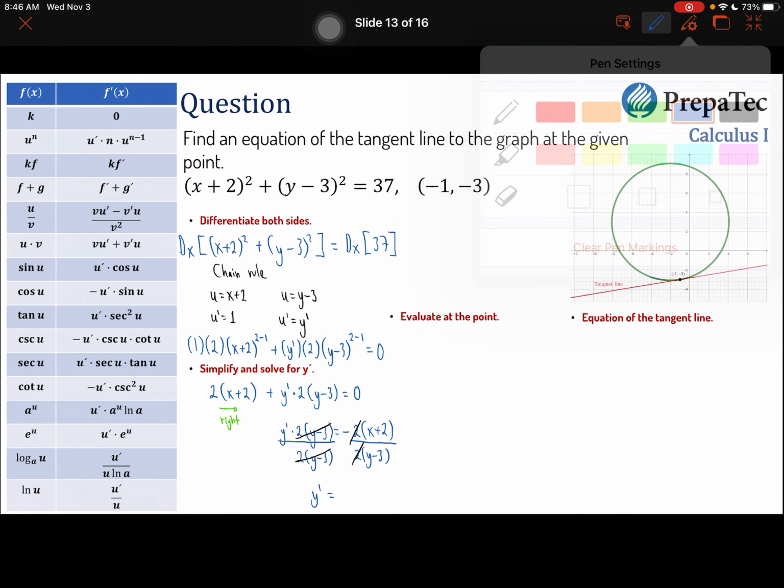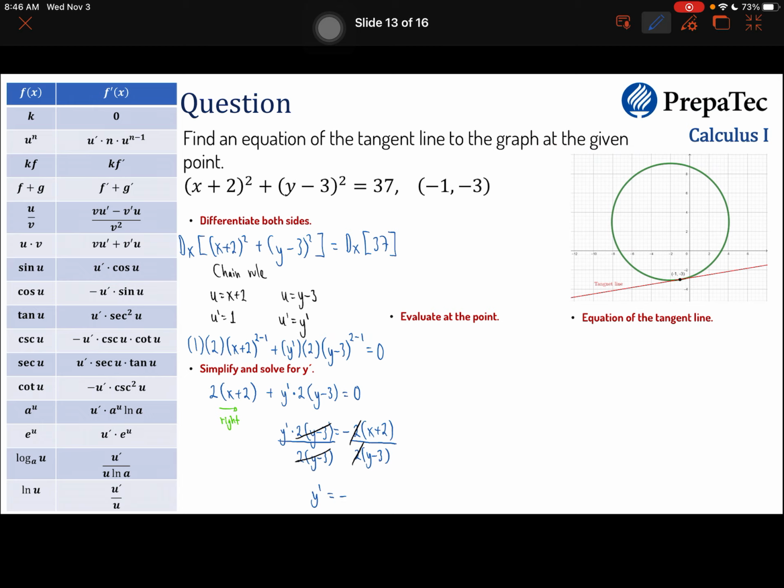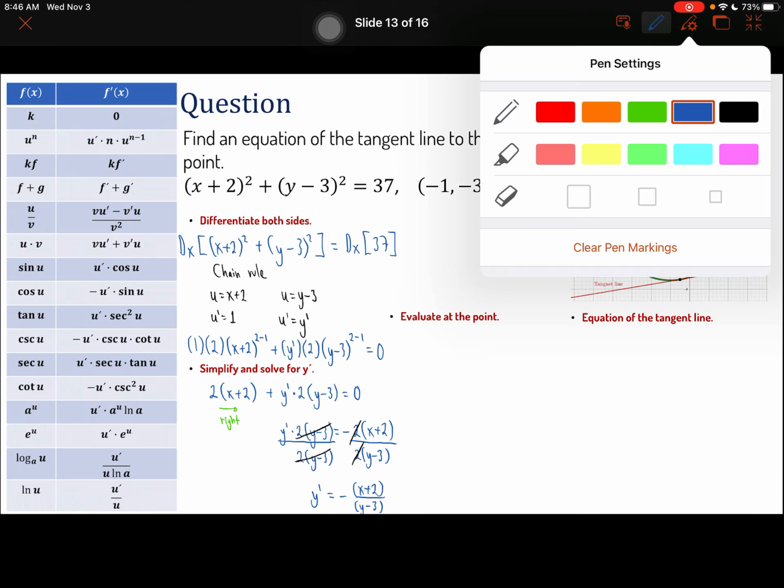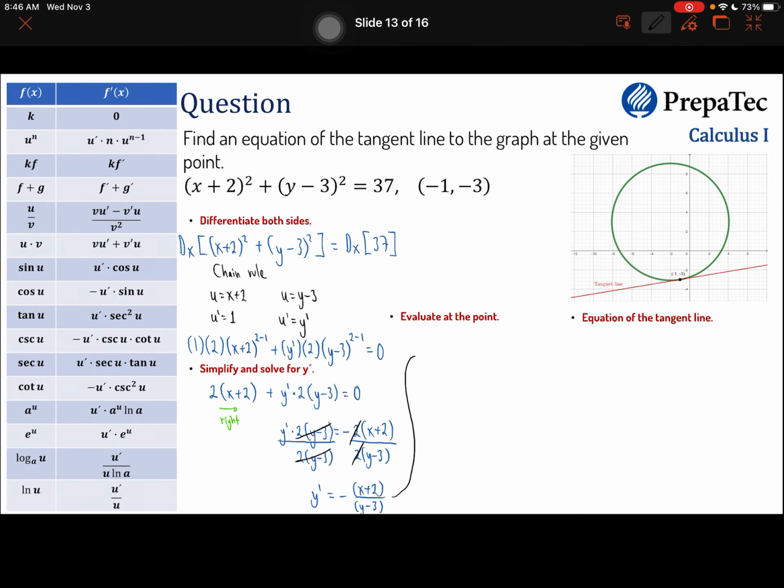So the y prime is minus x plus 2 divided by y minus 3. This is the y prime, the instantaneous rate of change. So now I'm going to evaluate at the point.